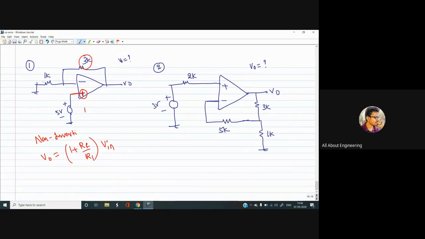As RF is 3K and R1 is 1K, it would be simply 1 plus 3K by 1K into Vin, that is 4 times Vin. So 4 times 5 is 20. So your output is 20. And if you want gain, you simply take this thing, so gain would be 4. So very good. That's it.